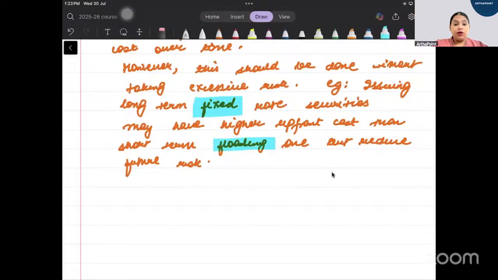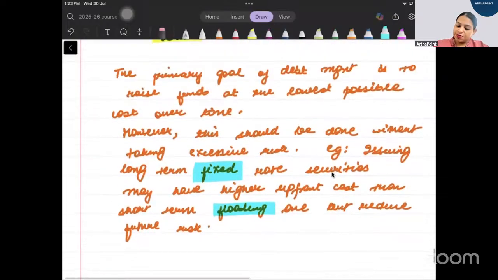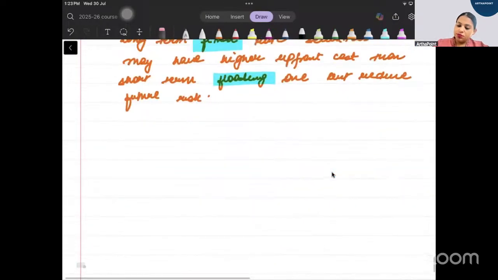So therefore, although it may seem that fixed is having higher cost, remember that fixed is able to lower your risk. So we want to lower the cost in the long run, but we also want to ensure that we don't take a lot of risk. And from there, we get our second principle, risk management.